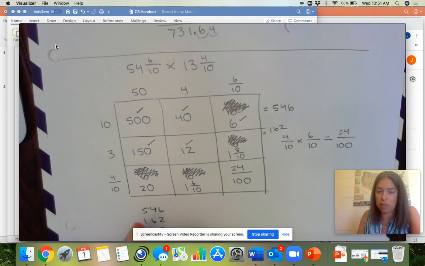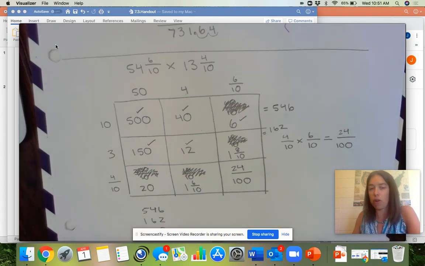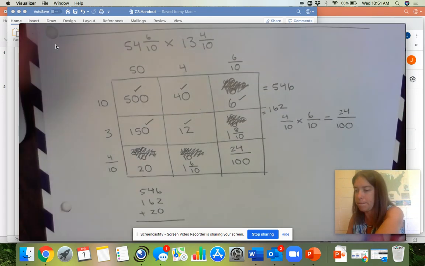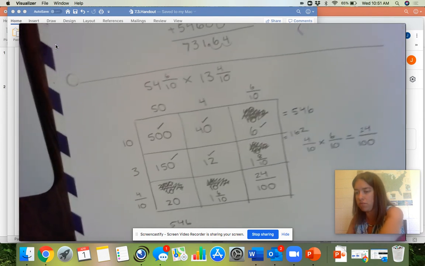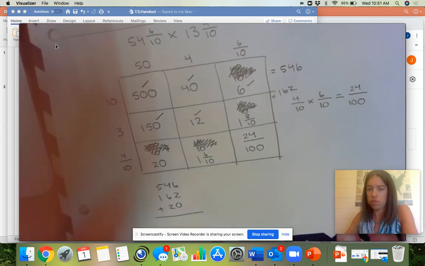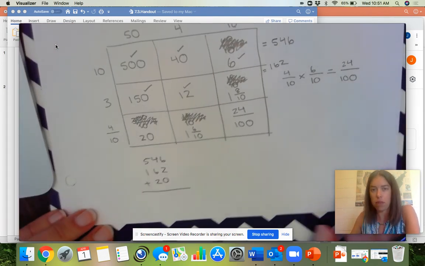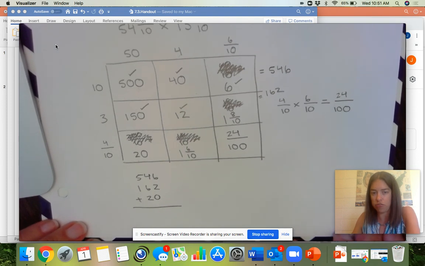I'm just going to set up my typical standard algorithm for addition. And go ahead and solve this.